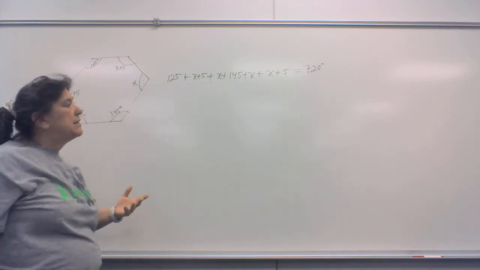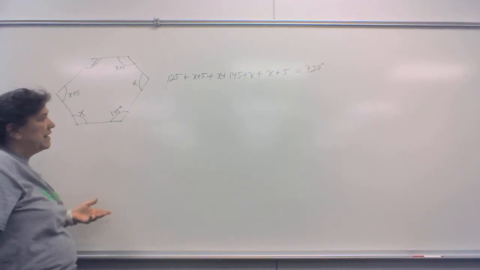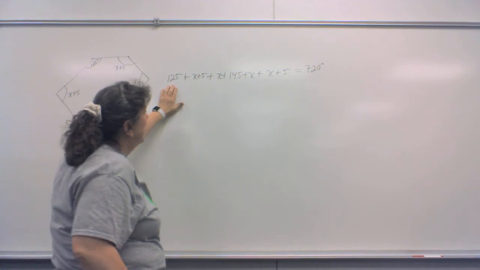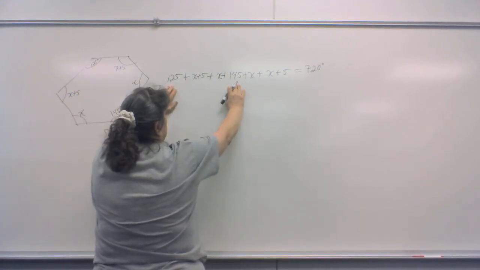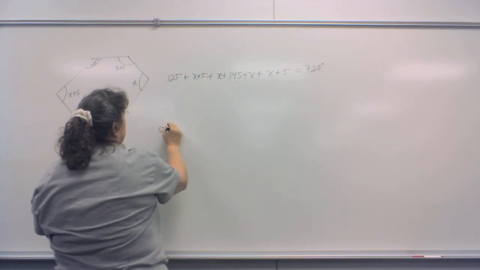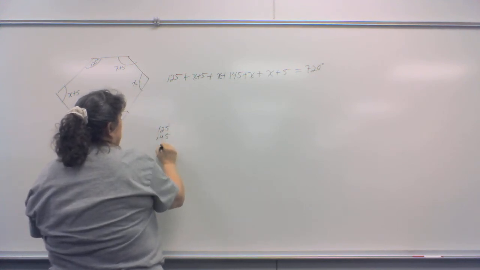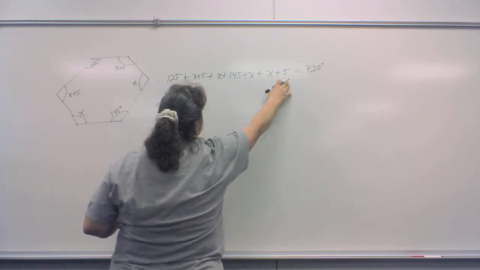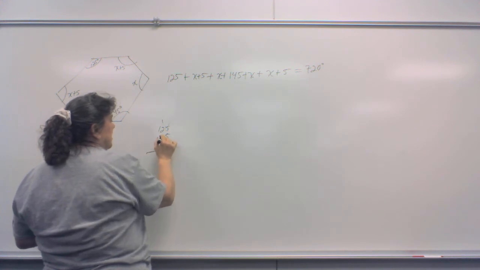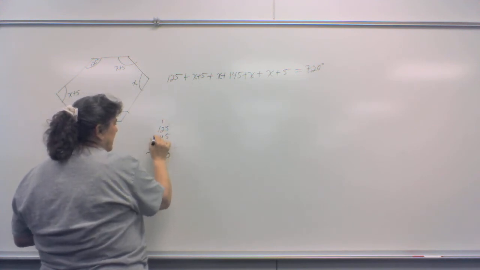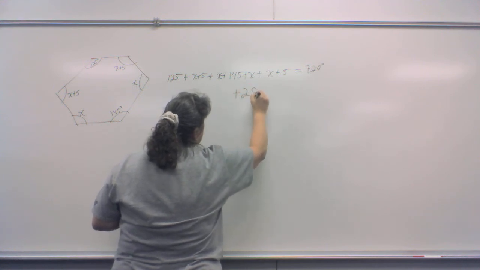Okay? Now we're going to solve for our x, and then we'll be able to calculate every one of those angles. 125 plus 145 plus 10, because 5 and 5 is 10. That's going to be 10, carry my 1, 6, 7, 8, and 280. So, my whole numbers add to 280.